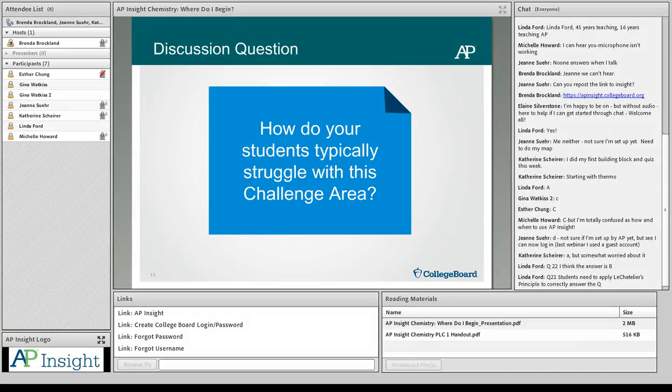If you want to open that, it's this same question, but it might give you a means to sort of brainstorm some ideas. So would anybody be willing to share what struggles their students are having in this area?